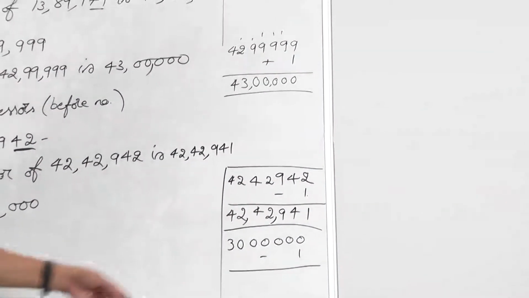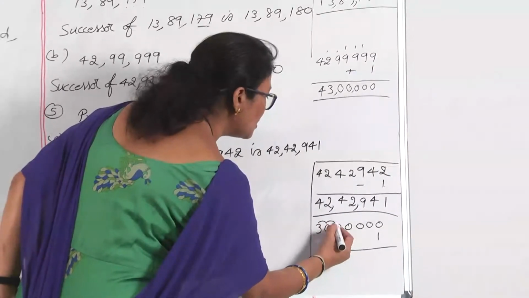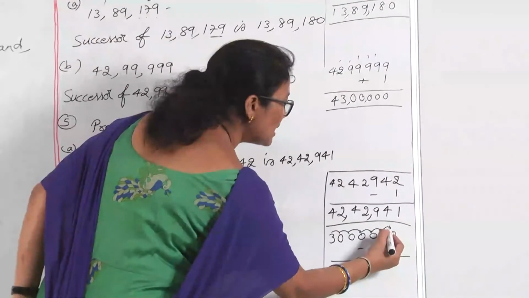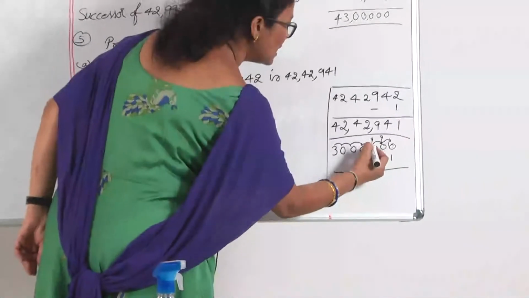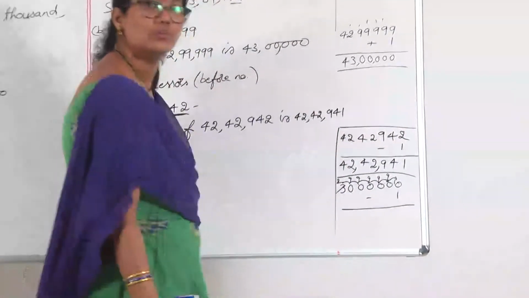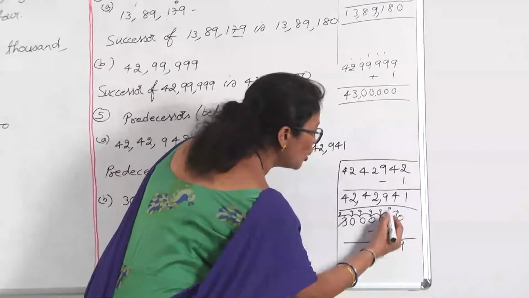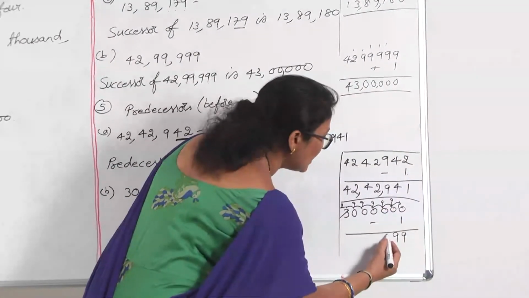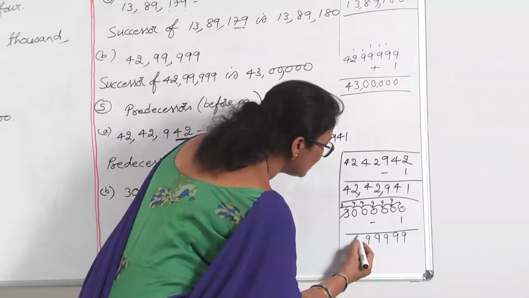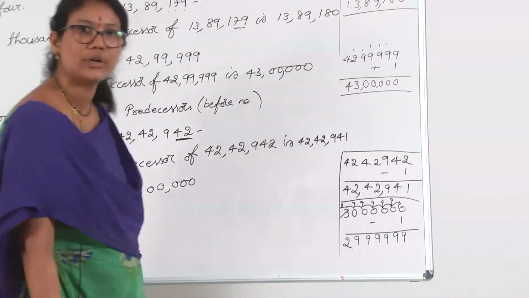Now we can't subtract this 1 from 0, so we borrow 1 from 3 through its before places. So this becomes 10 and here 9, 9, 9, 9 and 9, this 3 becomes 2, right children? Now 10 minus 1 is 9, copy down this 9 as it is, hundreds place 9, thousands place 9, 10,000s place 9, lakhs place 9 and in 10 lakhs it is 2, right children?